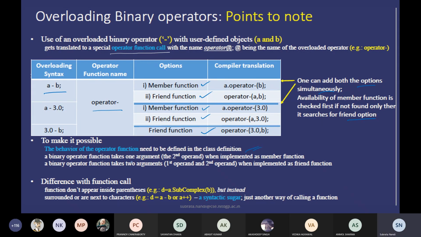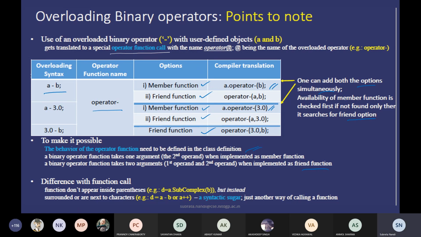A binary operator function takes one argument, the second argument, when implemented as a member function. You see, the second argument is accepted as an argument in the method, in this case and in this case. A binary operator function takes two arguments, first and the second both, when implemented as a friend function. So when you implement as a friend function, both of these are accepted as arguments in this case.